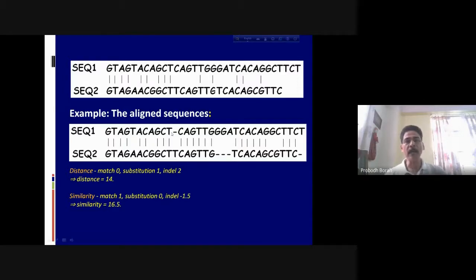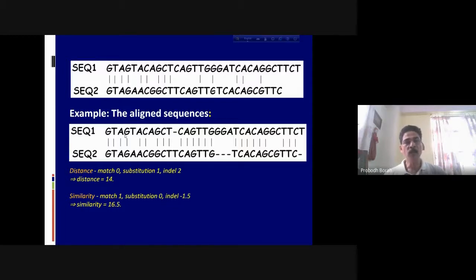Now we can go for calculating the variation between the 2 sequences, either in terms of distance or in terms of similarity, by using a certain mathematical scale of measurement or a model. A model scale of measurement has to be first decided.